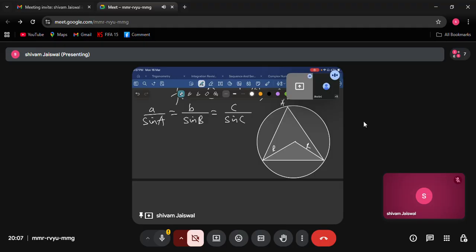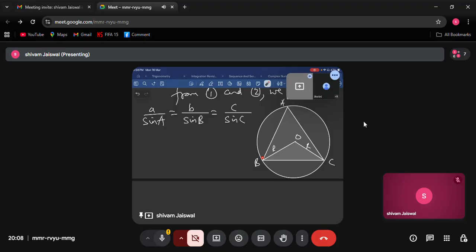This is A, this is B, this is C. What is triangle OBC? What kind of a triangle is it? Isosceles.